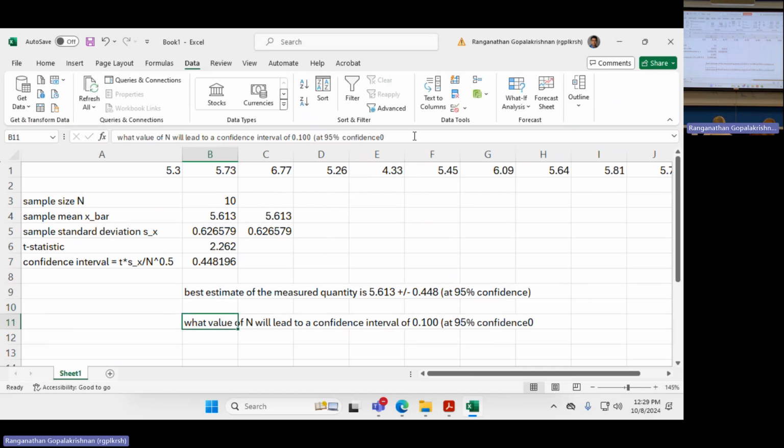Can you answer that? Like, tell me what will you do? How many observations should we make to reduce the confidence interval?